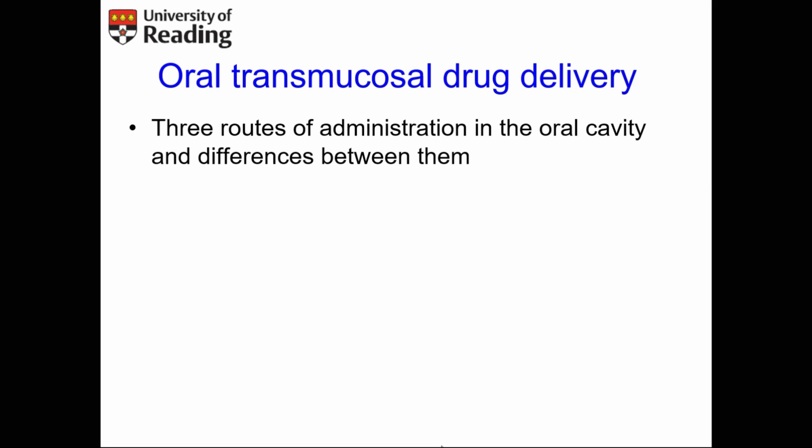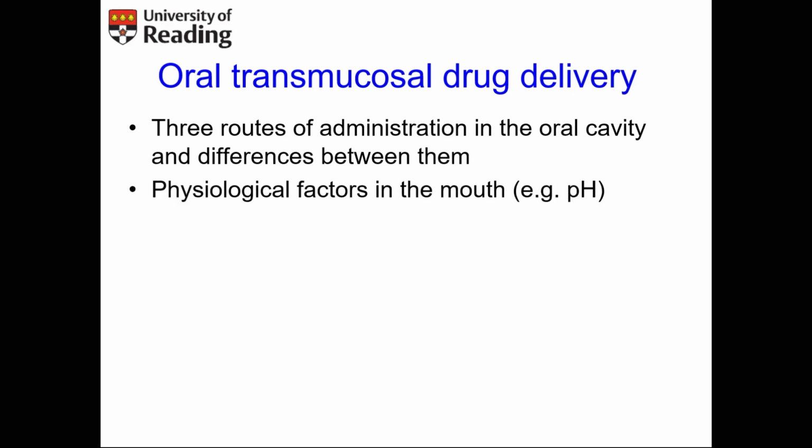For example, sublingual membranes are much more permeable compared to buccal membranes, which means that the drug may get absorbed much quicker sublingually and could provide quicker onset of action.